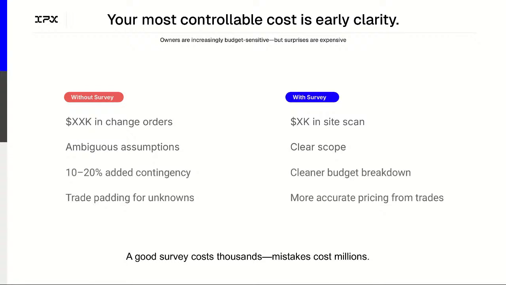So with the survey, with this insurance premium, we can have much clearer scopes. Everybody can be aligned on the same page at the very beginning of the project, with cleaner budget breakdowns and ultimately more accurate pricing from construction and construction sub trades. So we like to say a good survey costs thousands of dollars, but mistakes cost millions.